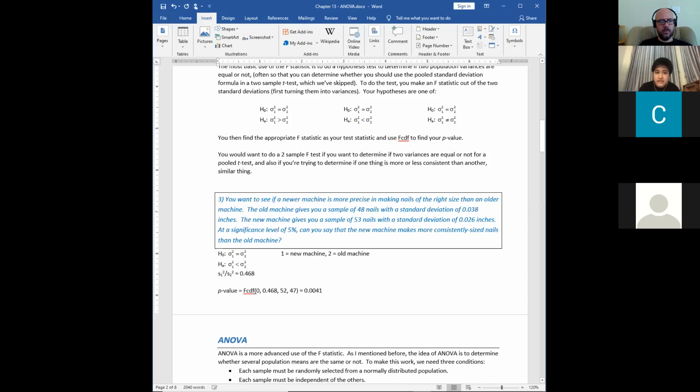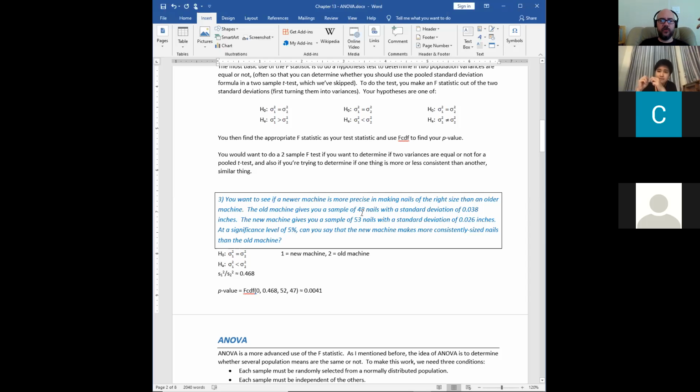Why did it change from sigma squared to S squared? These hypotheses are about parameters, like always, like when we write hypotheses for a t-test about mu, or a proportions test about p. But the data that we have is sample data, X bar and S. That's why we're using S's, because we don't actually know the population standard deviations, but our null hypothesis is that they're the same.